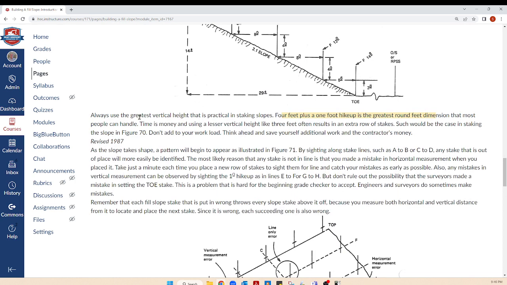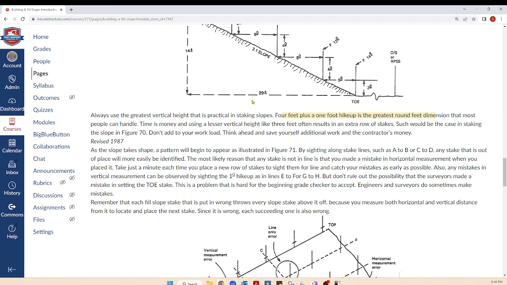So let's read this. Always use the greatest vertical height that is practical in staking slope. 4 feet plus a foot hike up is the greatest round feet dimension that most people can handle. In other words, we're not all 7 foot. Time is money. Using a lesser vertical height, like 3 feet instead of 4, takes extra stakes and would take longer.